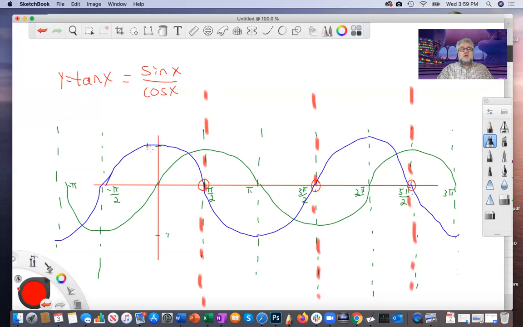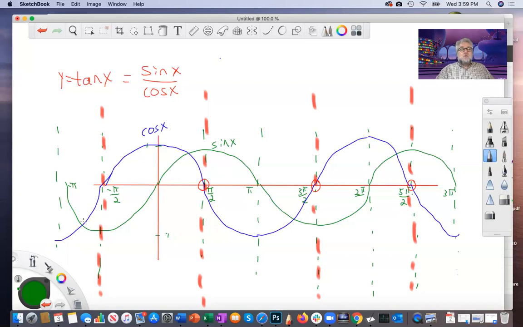And cosine goes to 0 here, right? Blue is cosine. So this is cosine x, and the other one is sine x, okay?